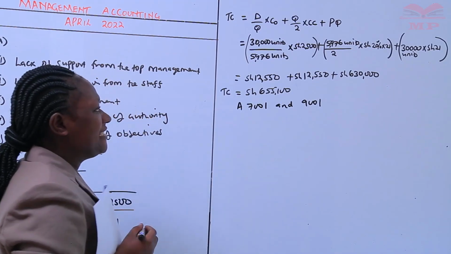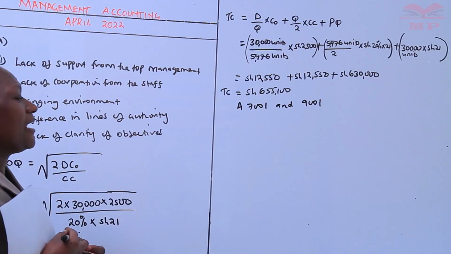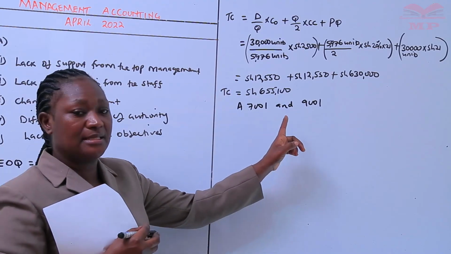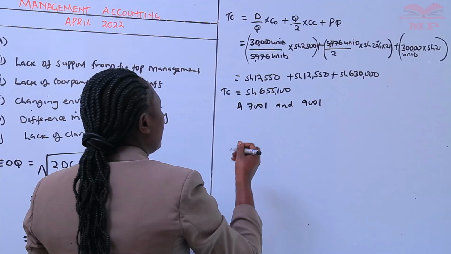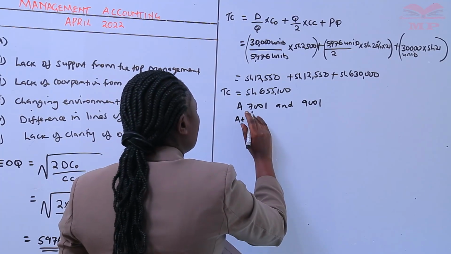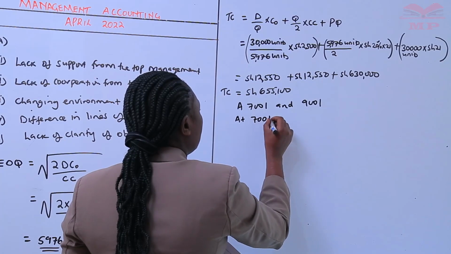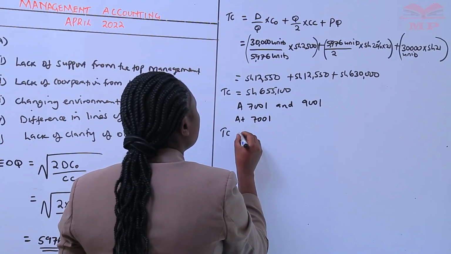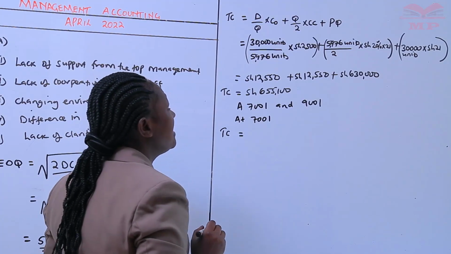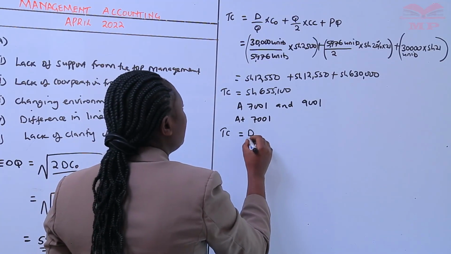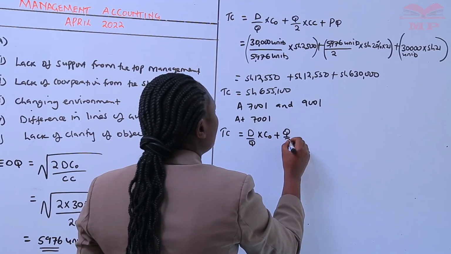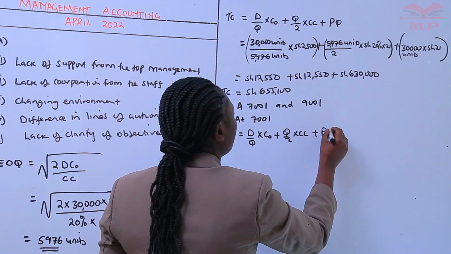So once you have identified the ranges, we are to calculate the total cost at 7,001 and at 9,001. So beginning with 7,001, total cost will be equal to, the same formula applying: D over Q times CO plus Q over 2 times CC plus PQ.